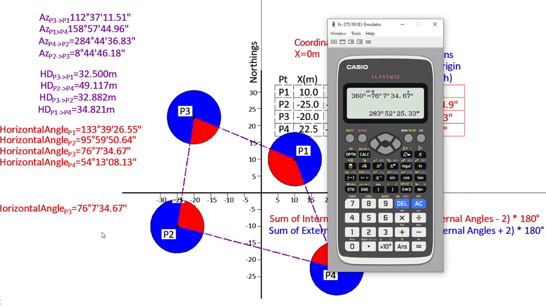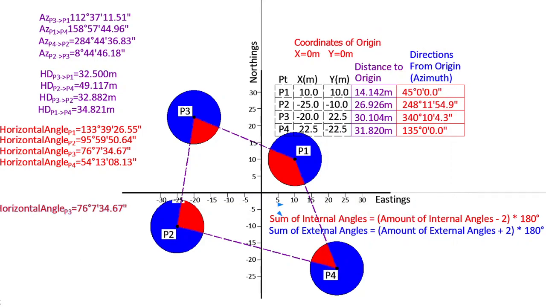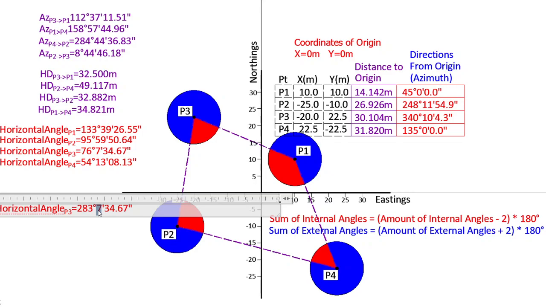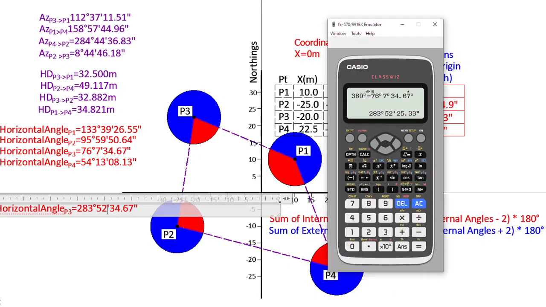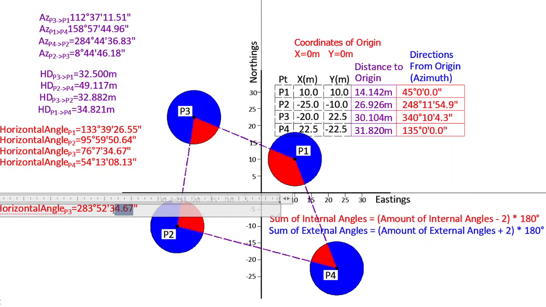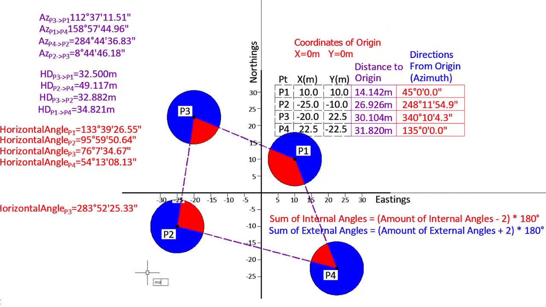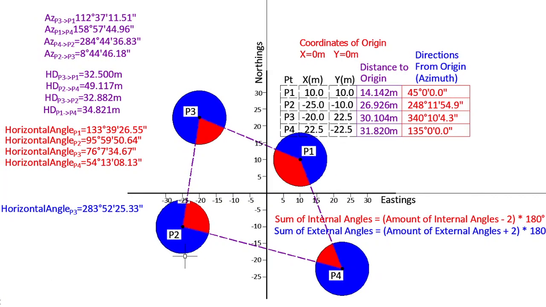It's 283 degrees, 52 minutes, 25.33 seconds. Is that correct? Let me check. That is correct. Now I'm going to color that value in blue, just to make a visual difference between the internal angle and the external angle.